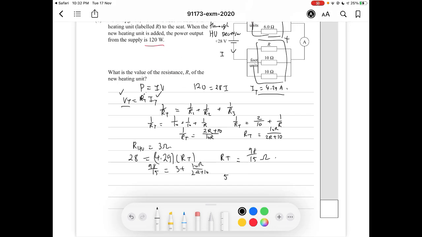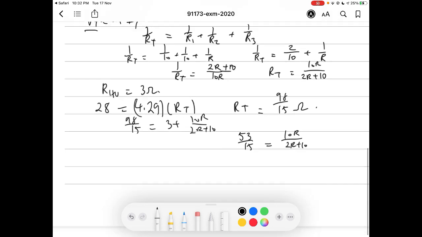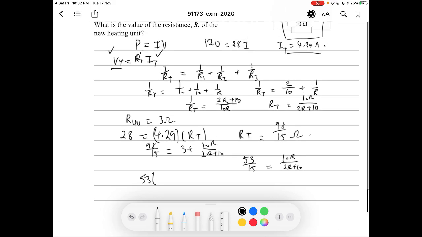So therefore, we can say that 53 over 15 equals 10R over 2R plus 10. We're going to cross multiply again, so therefore 53 times 2R plus 10 equals 150R. So 53 times 2 is 106, so 106R plus 530 equals 150R.